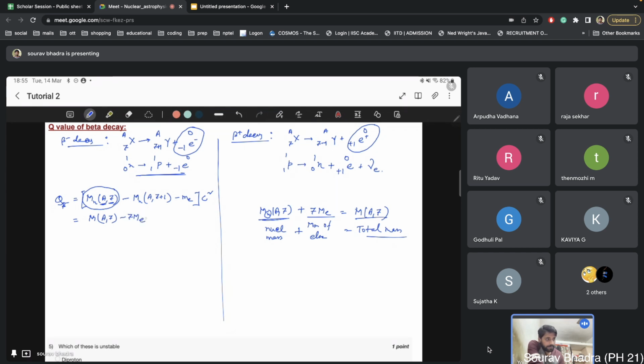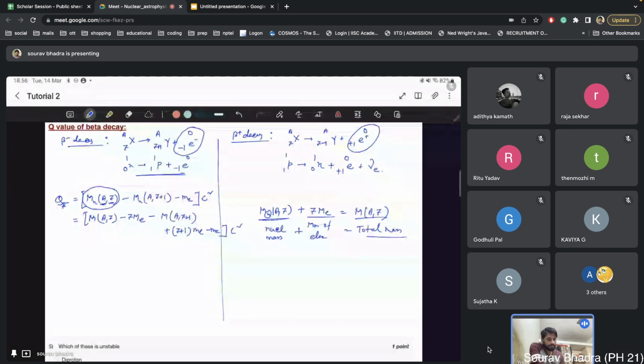That mn of A, Z, we will write as m of A, Z minus Z m_e. Similarly, we will write m of A, Z plus 1 minus Z plus 1 m_e, and minus of minus will be plus, just subtracting the mass of the electron, m_e, minus m_e, c square.